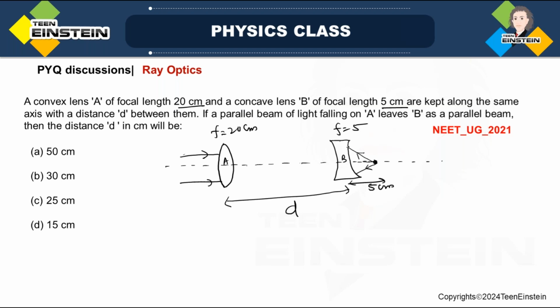This has focal length 5. Now they are separated center to center distance.